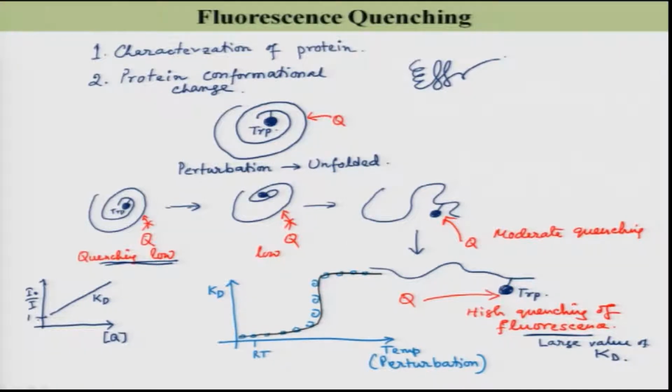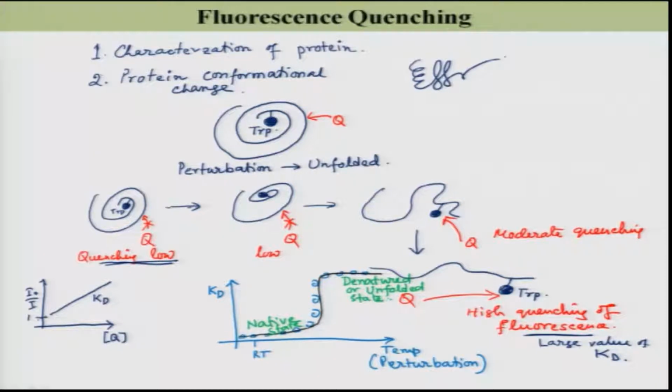Here is your native state, this part is your native state, and this part is your denatured or unfolded state. So, you see, by simply doing this quenching experiment of such kind of molecule, you can comment on how the structure of the protein is changing by increasing the temperature.